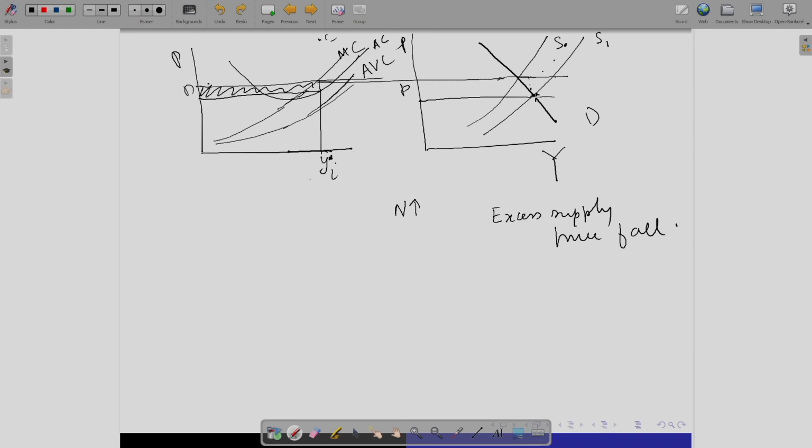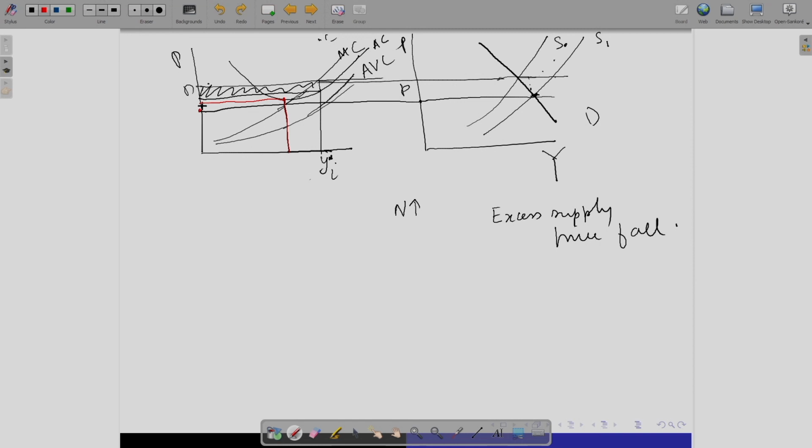Now, this whole process takes place instantaneously. So, again this price is taken as given by the firm. So, this is the optimal amount of output. Now see, average cost is this much, price is this.